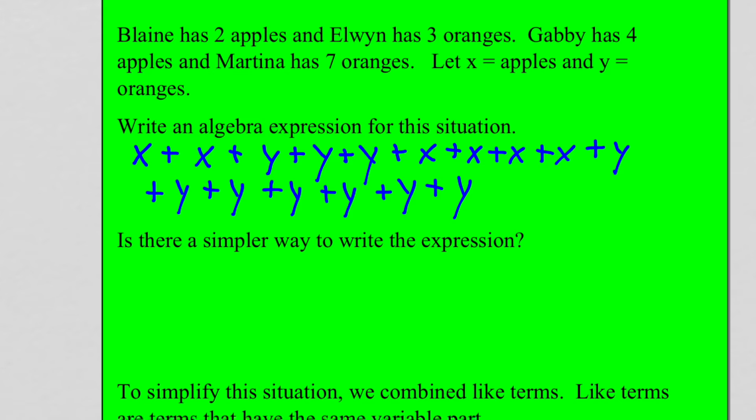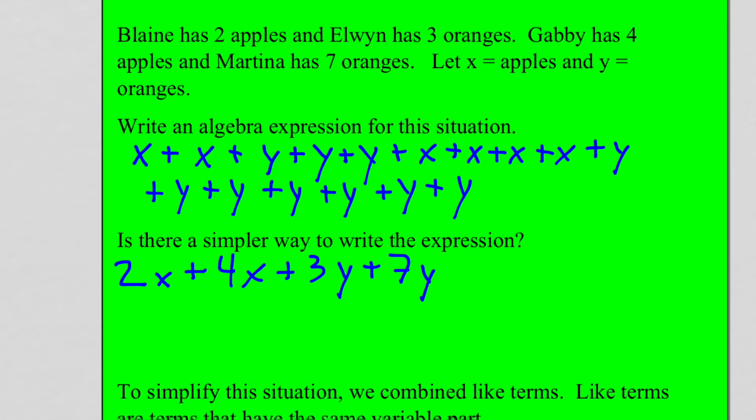So why don't we say 2x plus 4x. And then Elwin had 3 oranges, so let's call that 3y. And Martina had 7 oranges, so let's call that 7y.